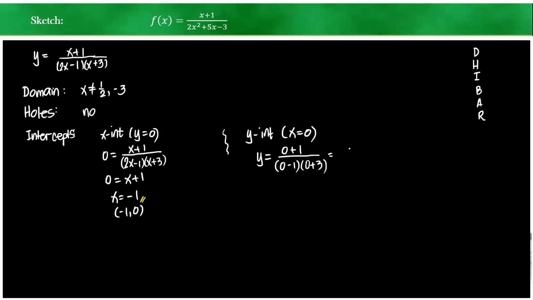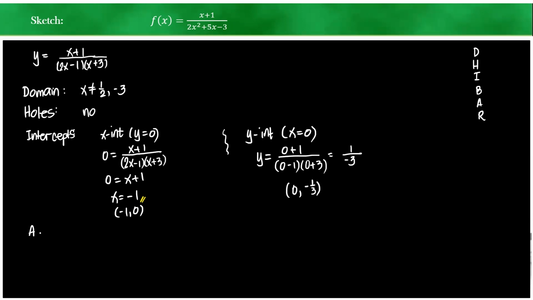So 0 plus 1 is 1. -1 times 3 is -3. Therefore, I can see that my y-intercept is 0, -1/3. Okay. D bar. So, for you, maybe we don't put behavior yet.